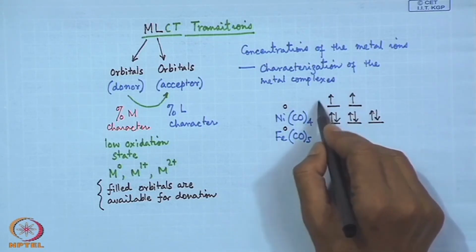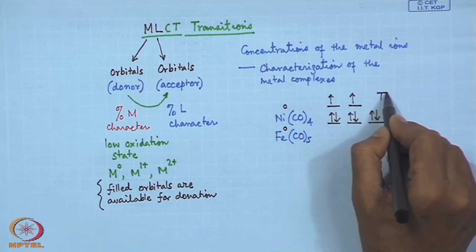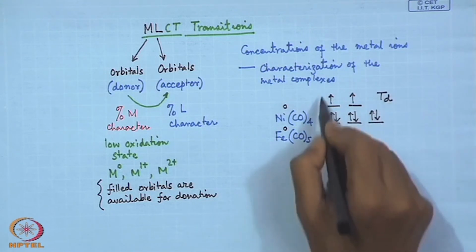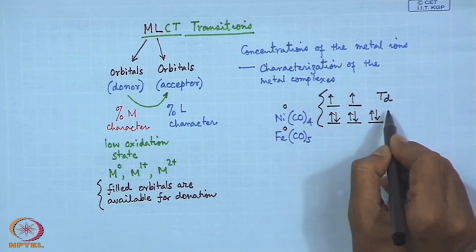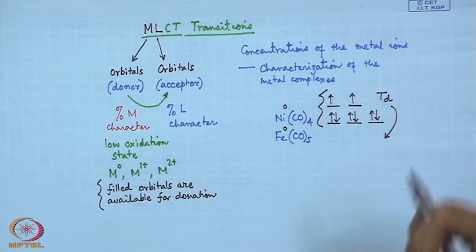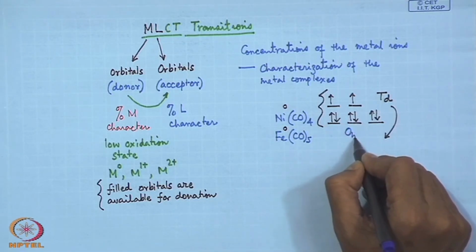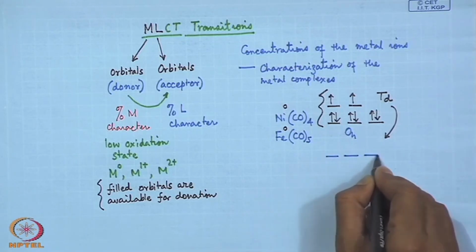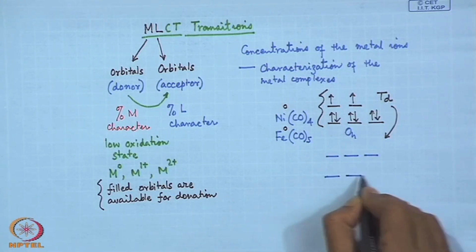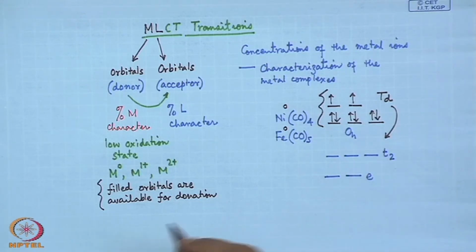But if we consider the corresponding orbitals for Td geometry, the situation is completely different from our distribution for the octahedral geometry, because this particular arrangement is for Oh symmetry, but for Td symmetry we have the E set and the T2 set.